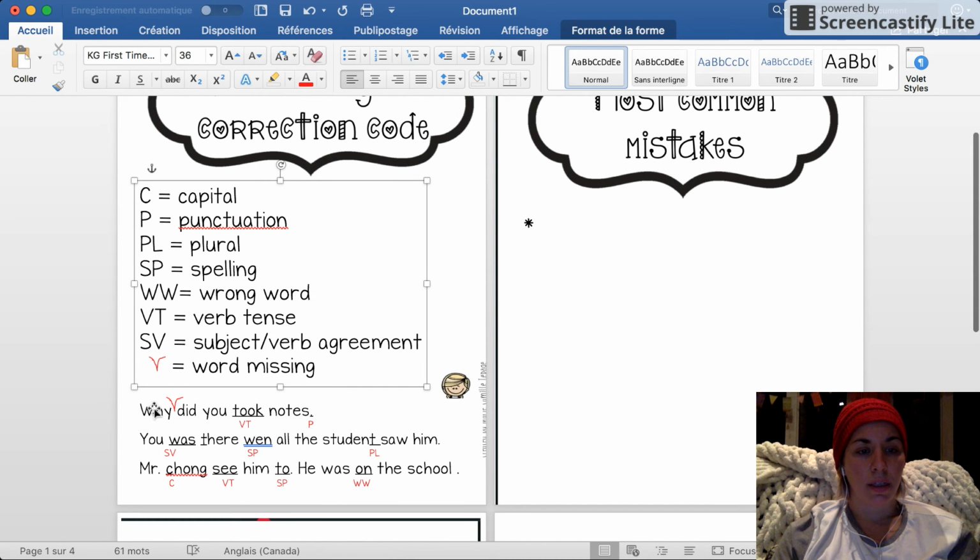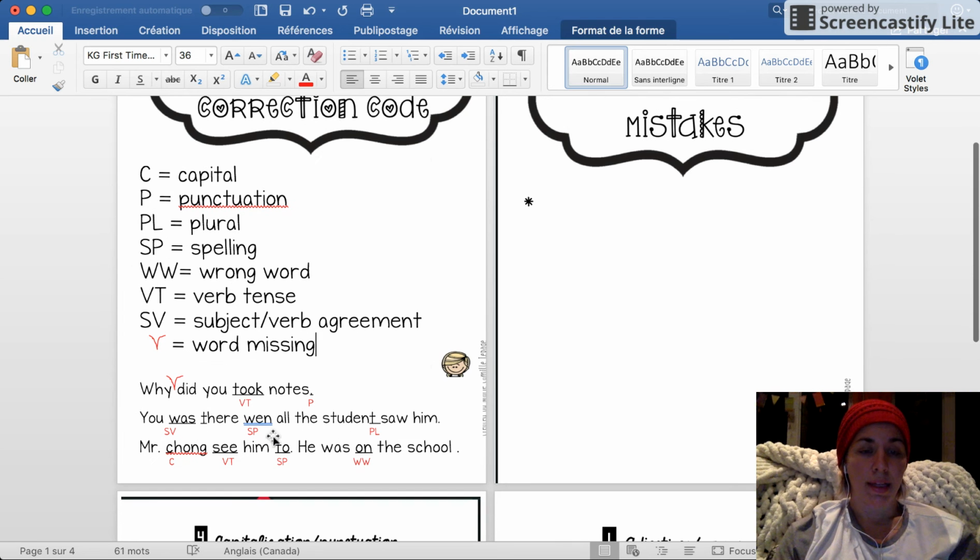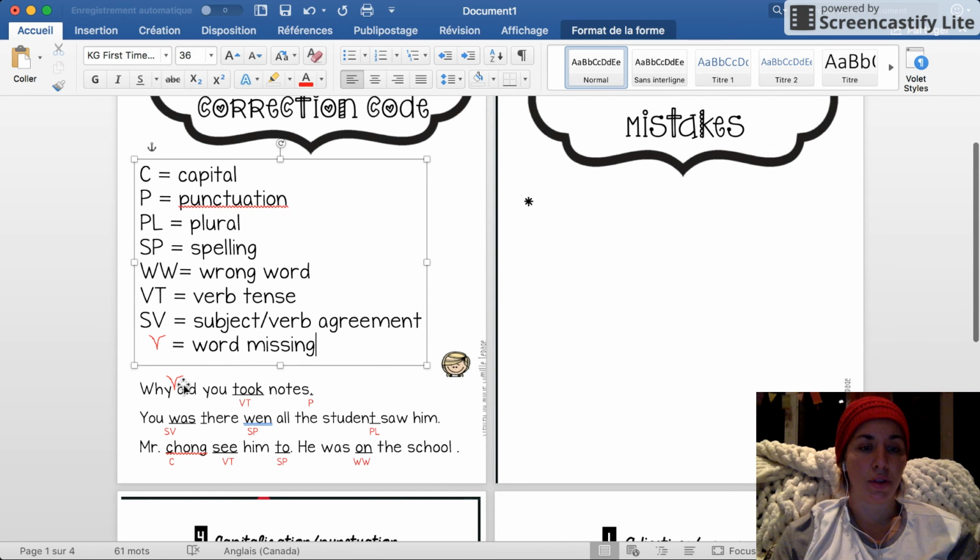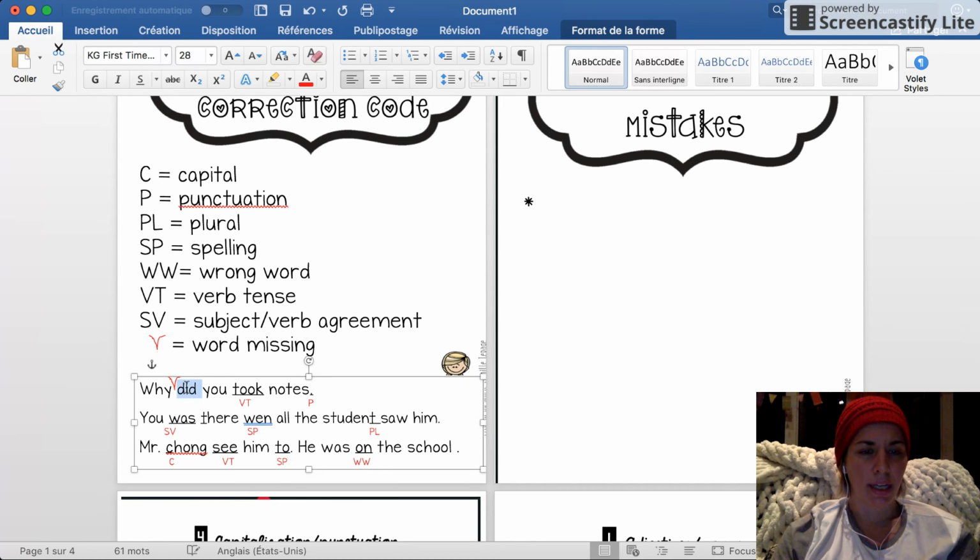So here I put three examples of sentences with mistakes in it. First, try to figure them out, and then that would be a way for me to explain to you what the code means. Okay. So here the first sentence is why you took notes. Oopsie, just gave you the answer. Okay, it should be like this.